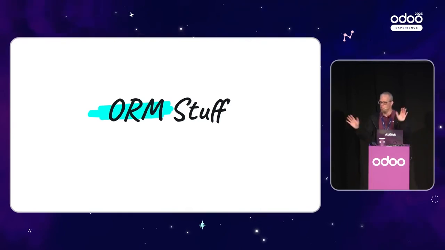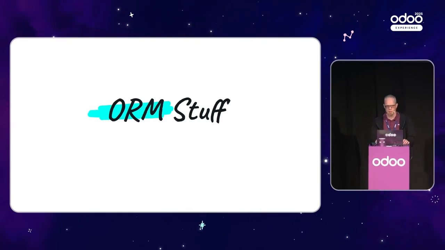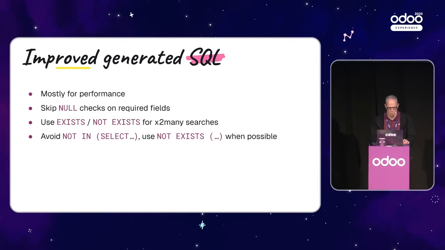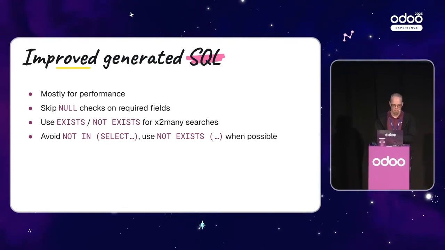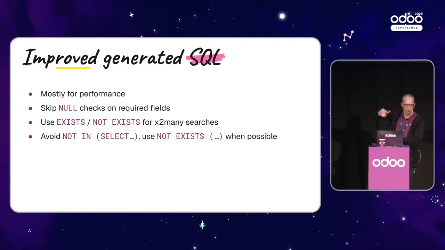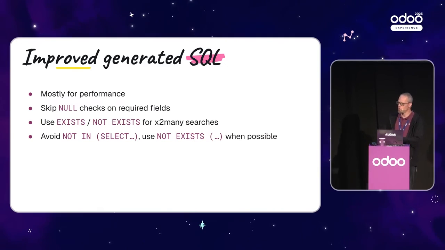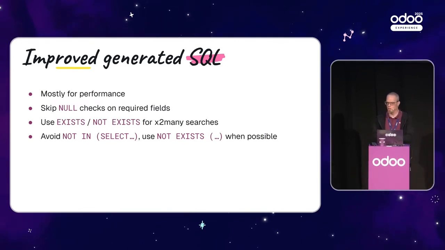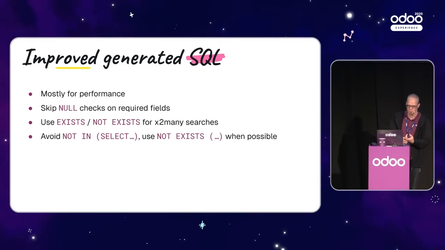Now I'll jump a bit into stuff we've changed in the ORM, for better or for worse, but hopefully for the best. Of course, part of those improvements come directly from the ability to get better domains and use the domain as a support for generating better SQL.